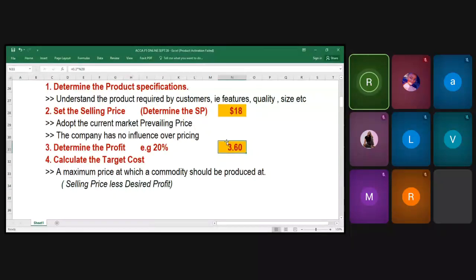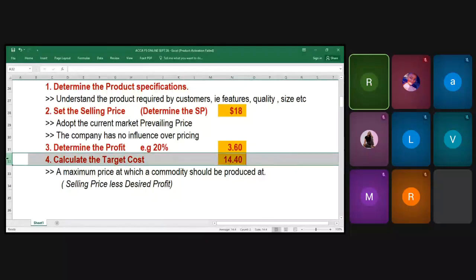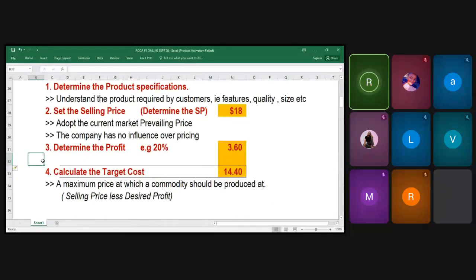So I'm going to quantify that here. The target cost is equal to $18 minus $3.60. So it means that our product is going to be produced at a maximum cost of $14.40 here. All right.